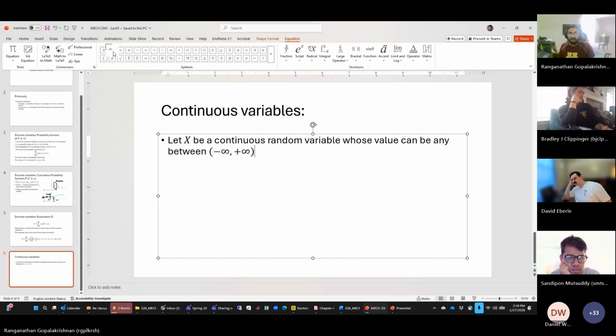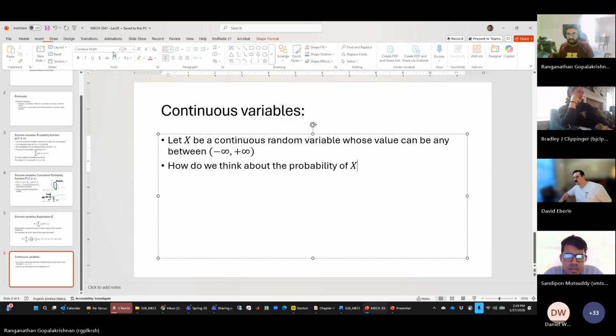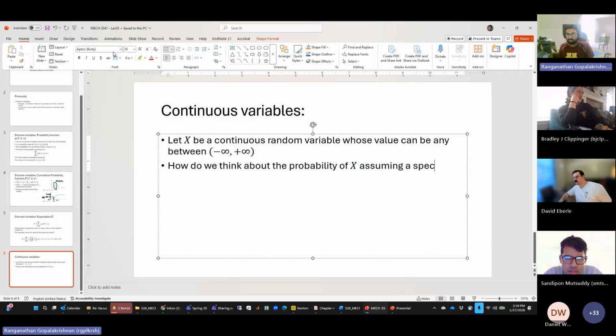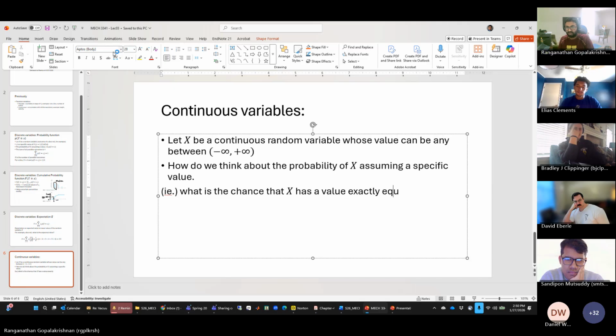Okay. How do we think about the probability of x assuming a specific value? That is, what is the chance that X has a value exactly equal to 1.